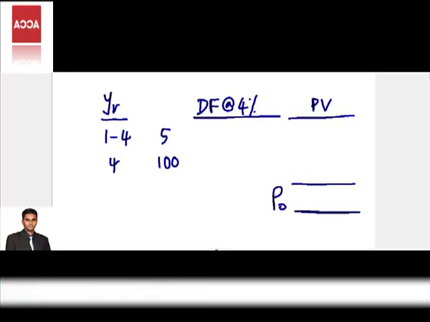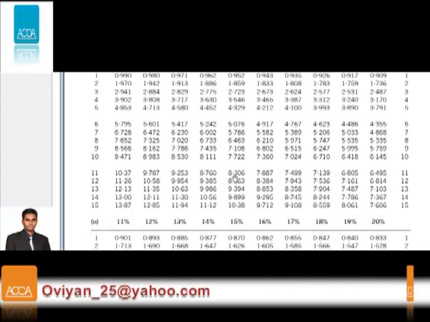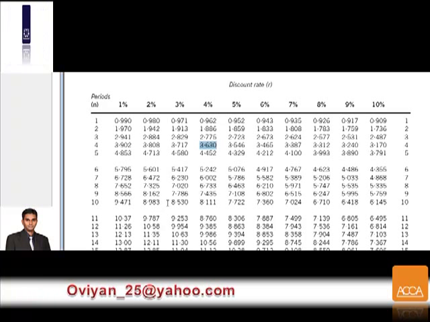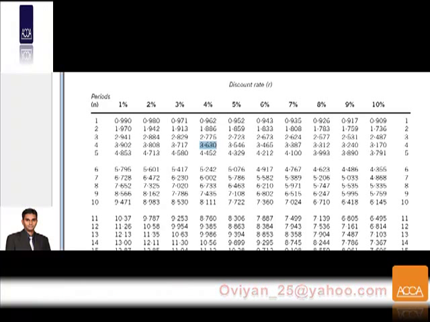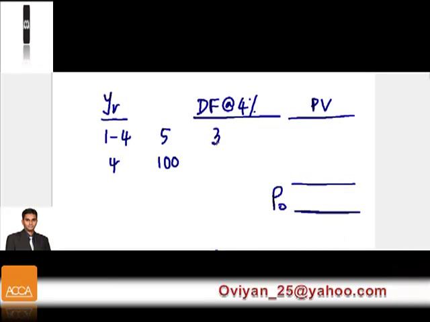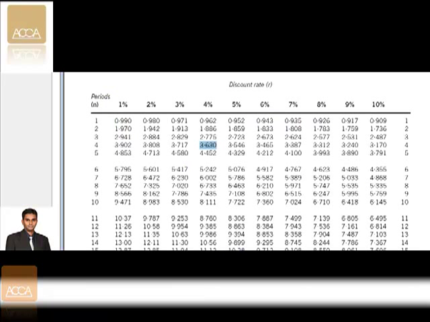Now looking at the annuity table, at 4% for 4 years it is going to give you 3.630.